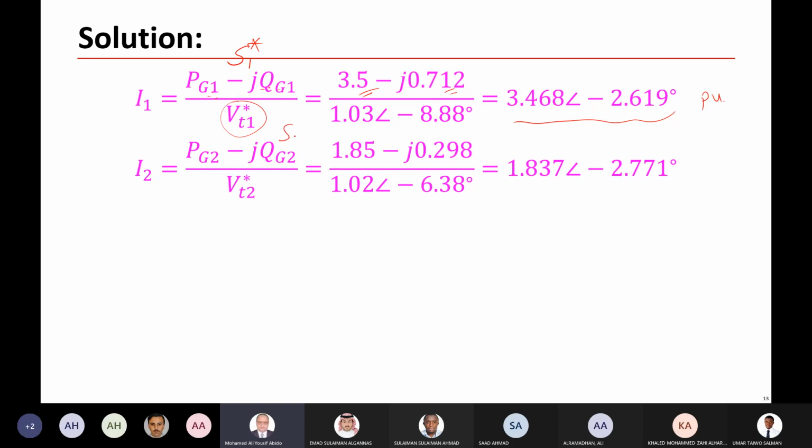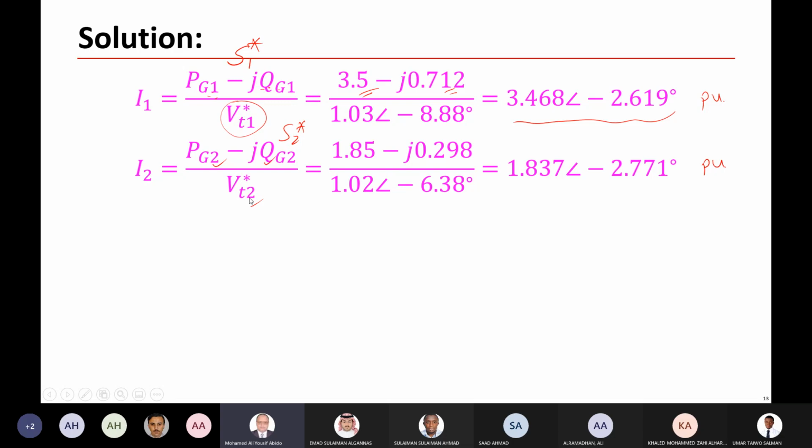I2 is also S2 conjugate over V2 conjugate, and this is given there from the load flow results. This is known in advance, and this is calculated from the load flow, and this is also known in advance as a magnitude, while the angle is calculated from the load flow. So this is also per unit, I1 and I2.